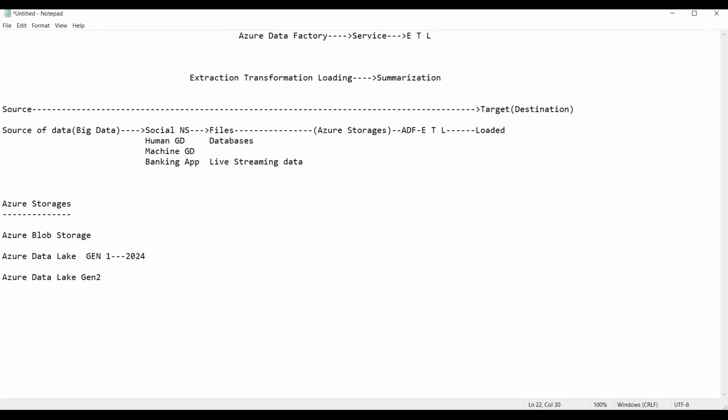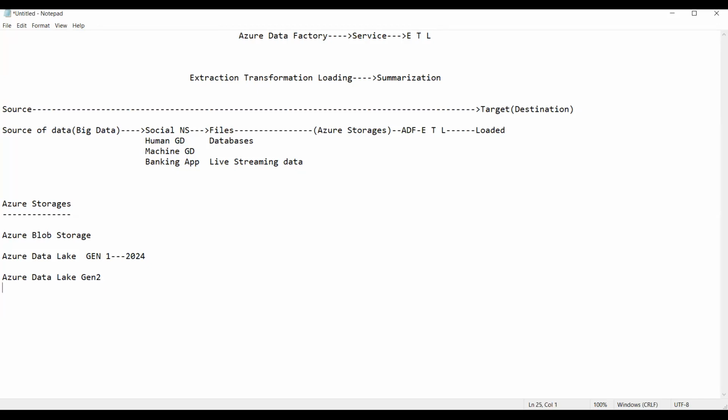Azure is not allowing you to create Data Lake Gen 1s anymore. But you can create Gen 2, and slowly whatever data you already have in Gen 1 is allowed to migrate to Gen 2.